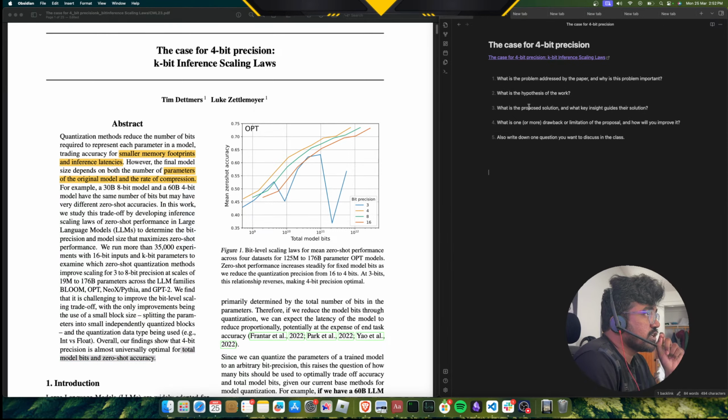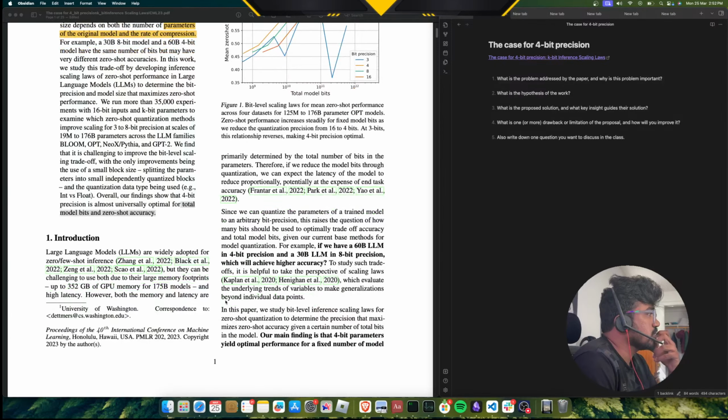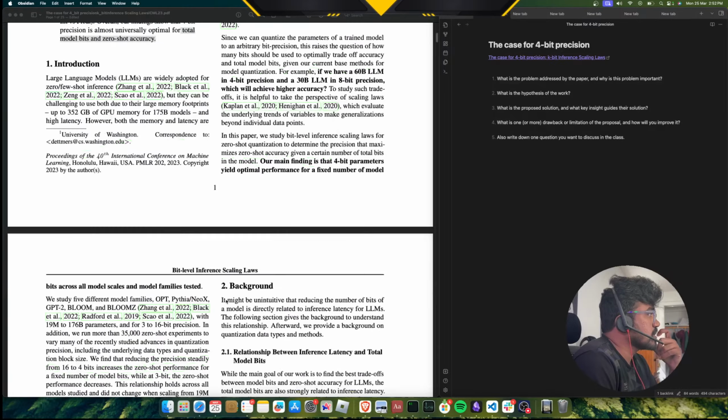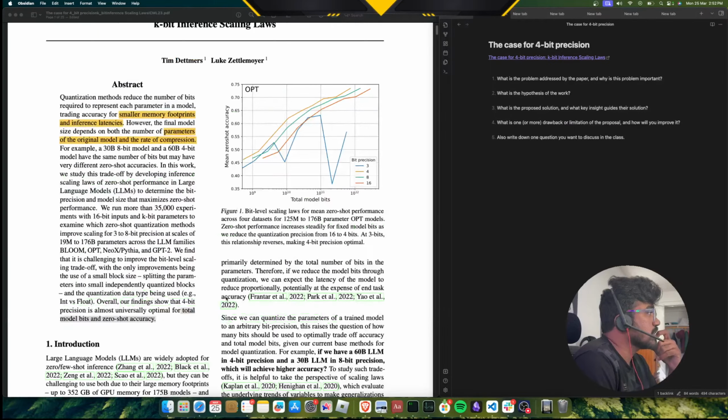So what they're trying to do, what the problem is, and why the problem is important? I think we'll have to read the introduction more to know that better, but let me write that down.